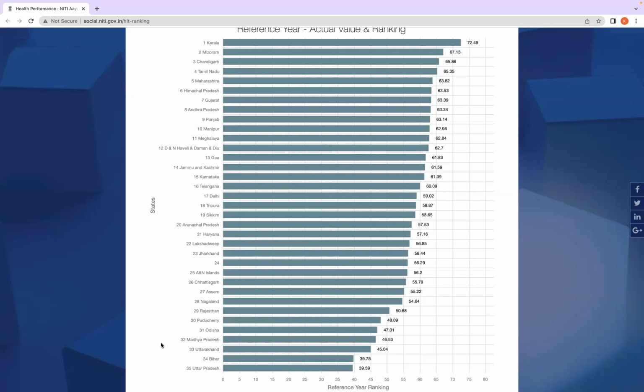So see where we are and where they are, and they are small. Of course, this state is huge, this state is small. The comparison is population wise, demography wise, of course, but something is to be learned from these states. Himachal Pradesh, see, it's a very small state.